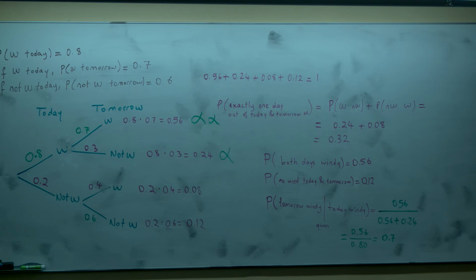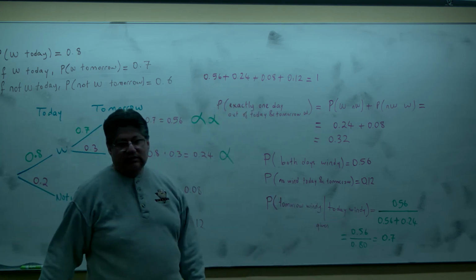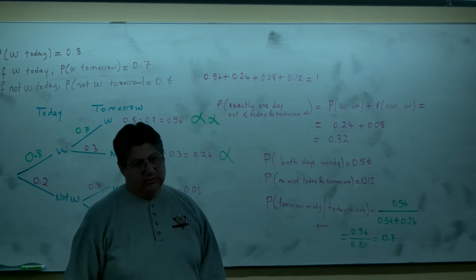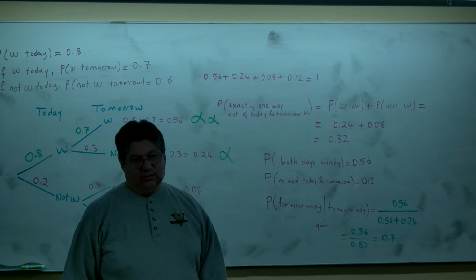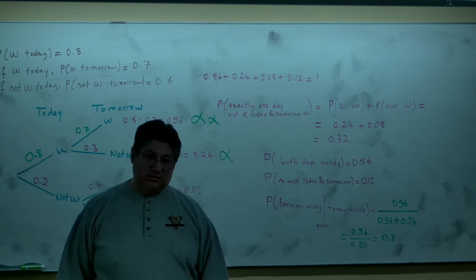Now, things will start getting murky, because I will switch these two. What is the probability that today is windy given that tomorrow is windy? It may not make sense in reality, but it makes perfect sense in mathematics.